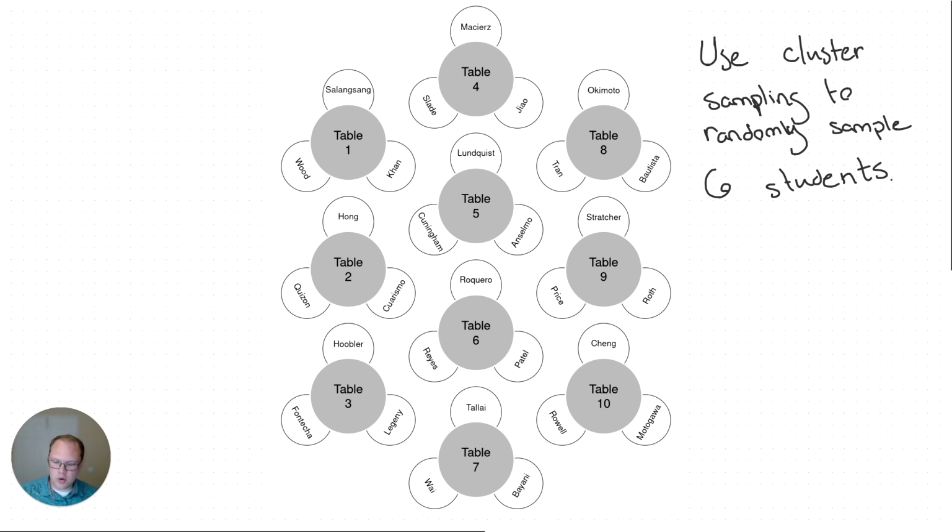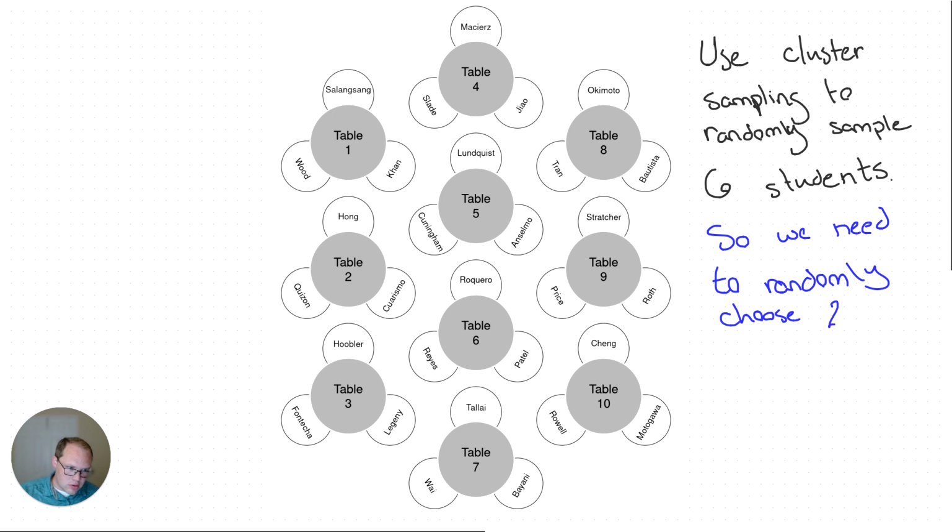The thing that we're really focused on at first are the clusters. So we need to randomly choose 2 clusters. Now in this case, there are 10 tables. Tables are our clusters. So we need to choose 2 of the 10 tables.